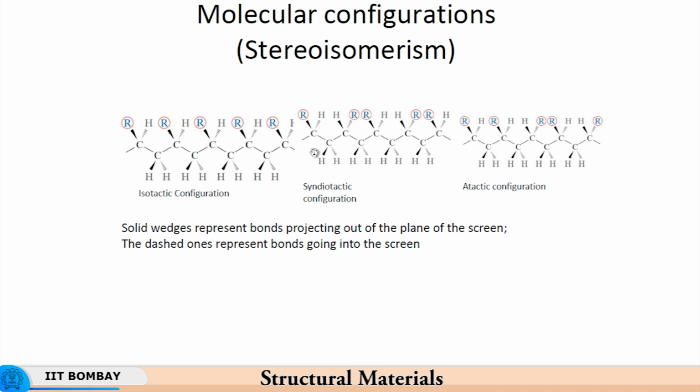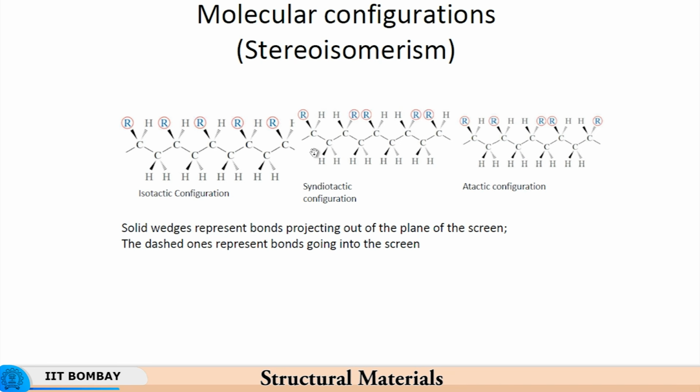So you have these carbon atoms, and these are on the same side of the carbon atom, and what you see here is that they are on the left hand side of the hydrogen atom, and then what you can infer from the solid wedges is that they are bonds projecting out of the plane of the screen, and the dashed ones represent the bonds going into the screen. So these are coming out of the screen, and these are going into the screen. So you have this consistently with the functional groups over here.